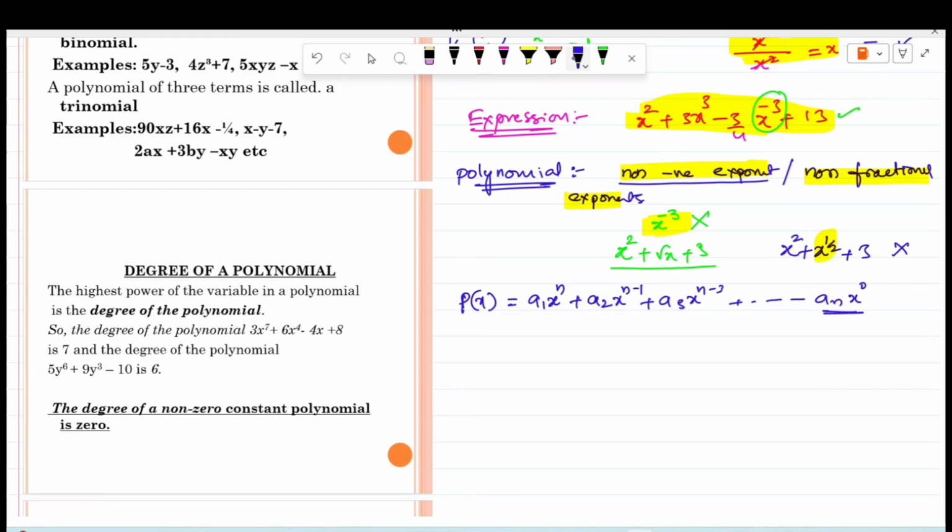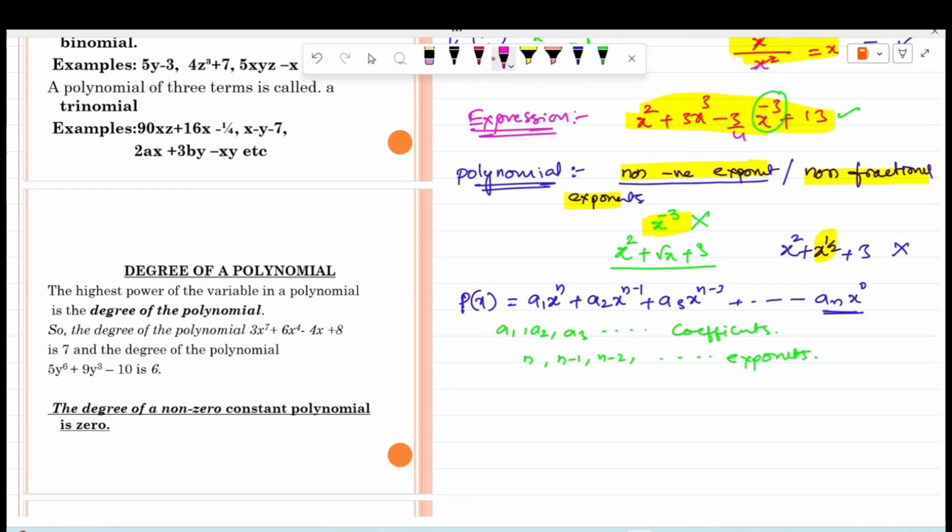It means a constant will come. Here a1, a2, a3, these are all called coefficients, and n, n minus 1, n minus 2 and so on are called exponents.